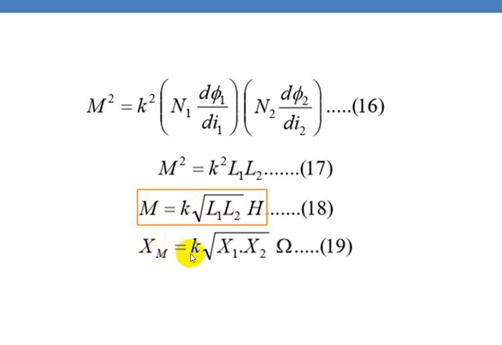This will be equal to k into under root of X1 into X2, where you replace L1 by its reactance; we call the reactance of coil 1 as X1 and of coil 2 as X2. The unit will be ohms.